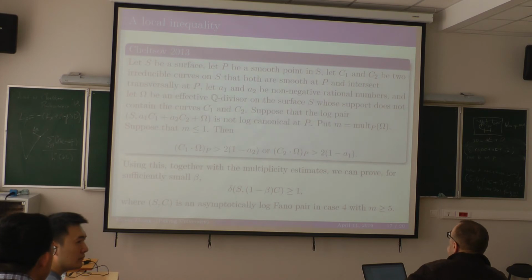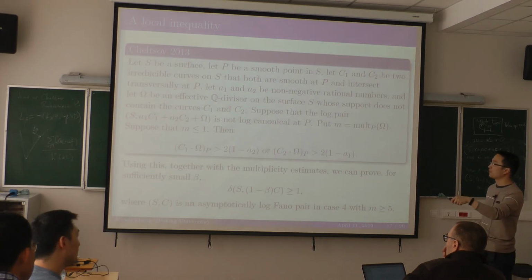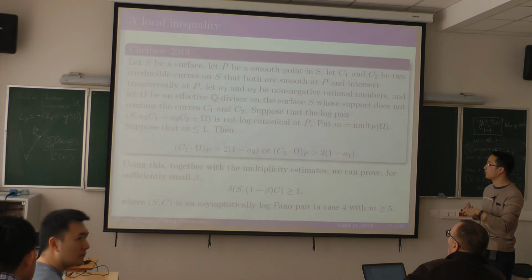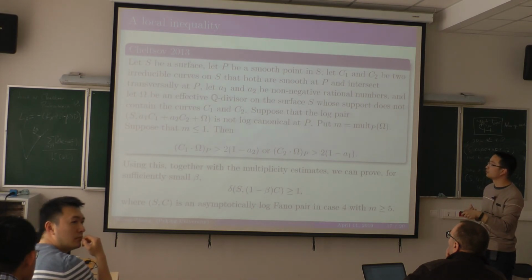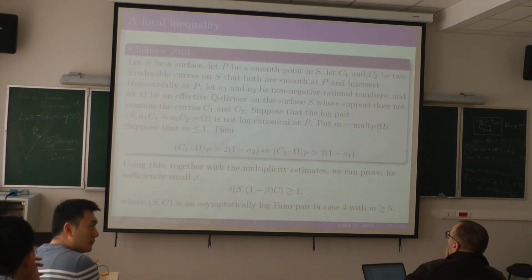But there's a reason for this, because in this local inequality, as you can see from the statement, the curves C1 and C2 are symmetric. And the final conclusion is also symmetric in C1 and C2. Really, there's no difference between them.